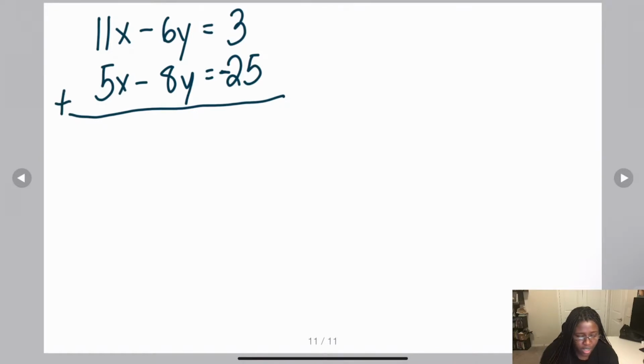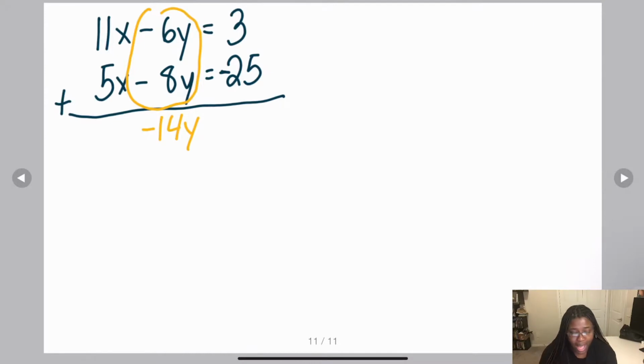So in this particular problem, if I'm focusing on my y's, we have negative 6 and we have negative 8. If I add those down, those will equal negative 14y. This is not going to work. I want to eliminate these. When I add down, they should equal 0.